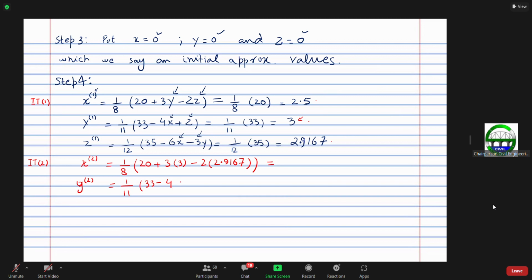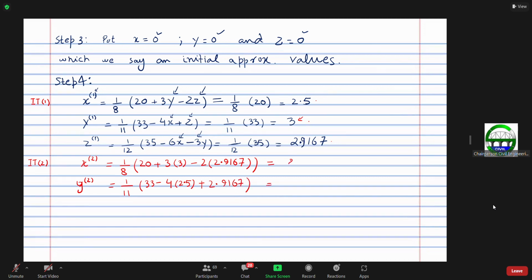Now, what value of x will we use here? Yes, we will use the value of x, 2.5, minus, oh sorry, this is plus, and this is z. The z is 2.9167.